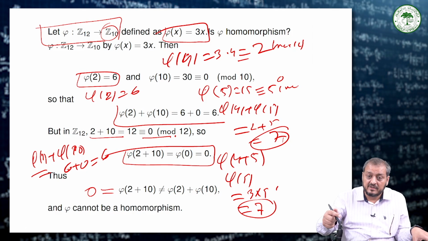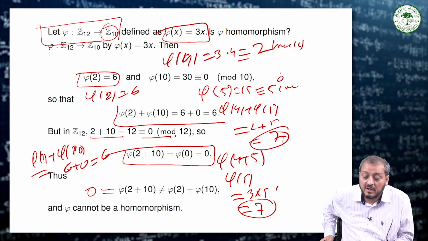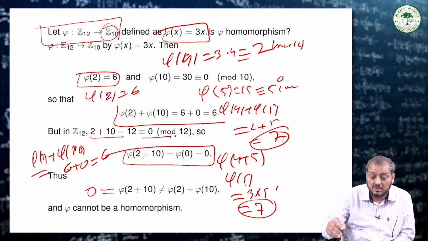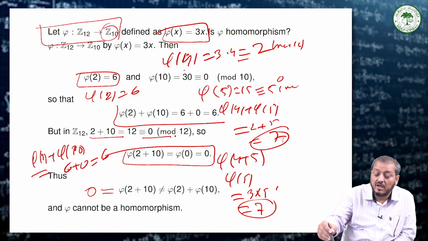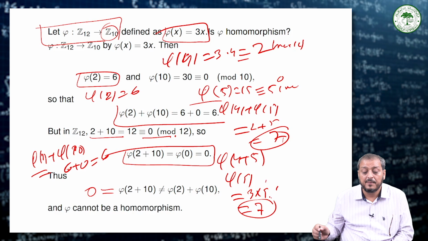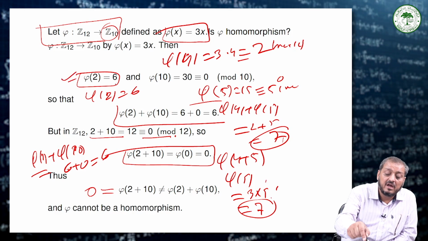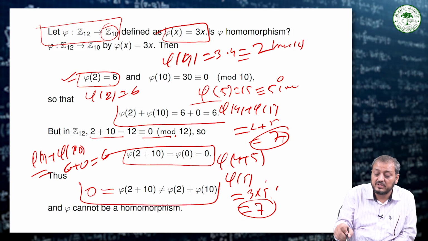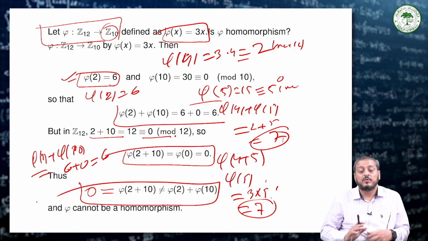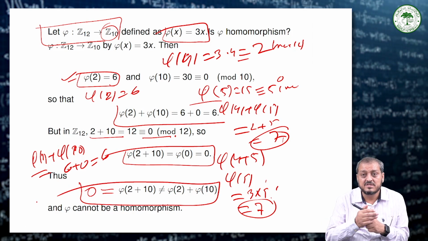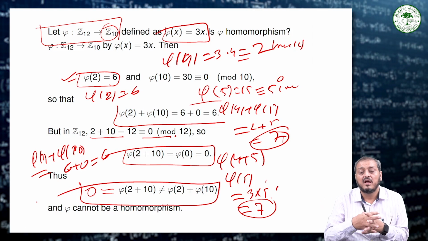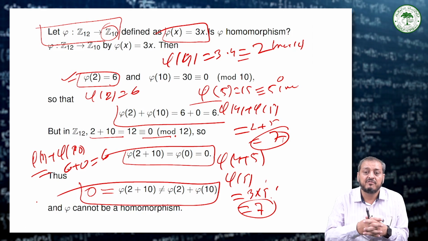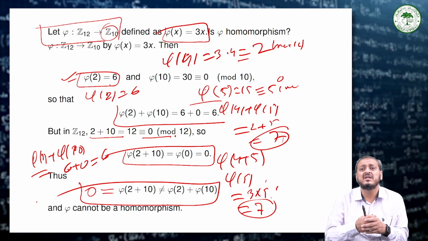We found certain elements, 4 and 5, for which these are the same, but when we take a different set, phi of 2 and phi of 10, then 2 plus 10 does not satisfy the condition of homomorphism. So the function phi from Z12 to Z10 defined by phi of x equal to 3x is clearly not a homomorphism.